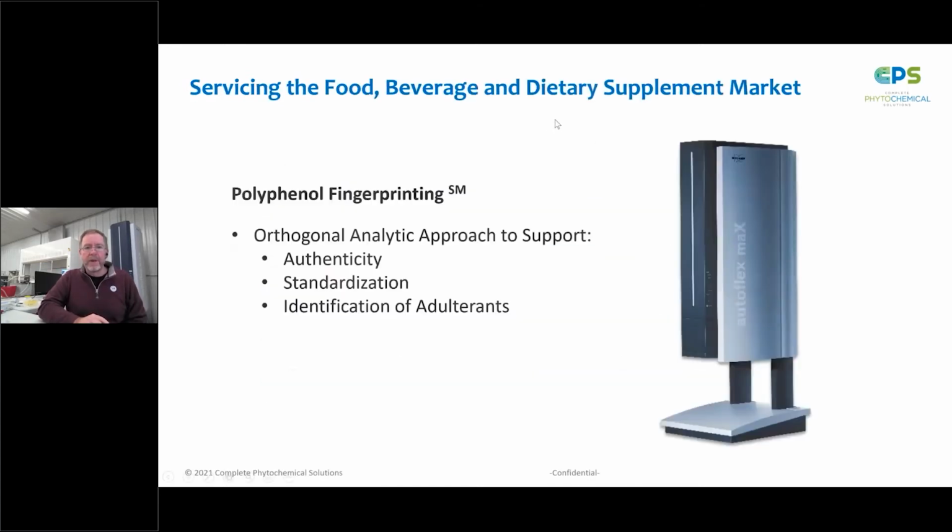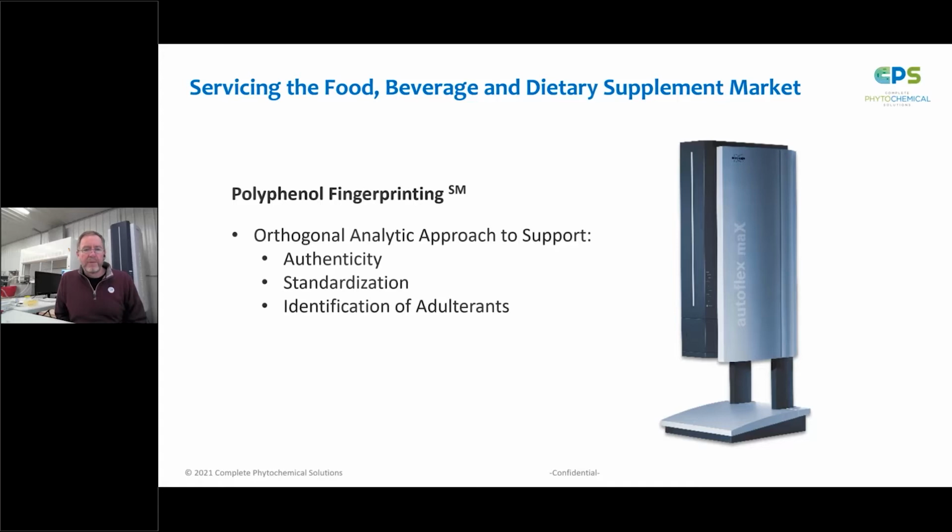So just to get started, Complete Phytochemical Solutions, as I mentioned, does service the food, beverage, and dietary supplement market space. One of the services we offer is what we refer to as polyphenol fingerprinting, an approach to characterize and identify unique components within a botanical, an extract, or a final finished product.